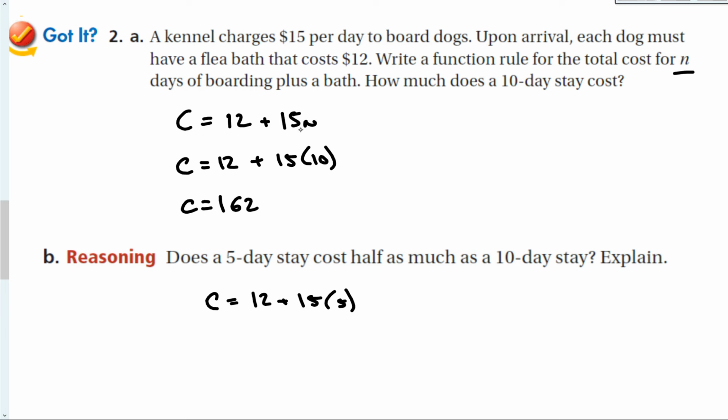So yes, the daily charge does go down by half, but my charge for the wash does not. So the cost of a 5-day stay is $87, not $81. So it doesn't cost half as much, almost half as much, but not quite.